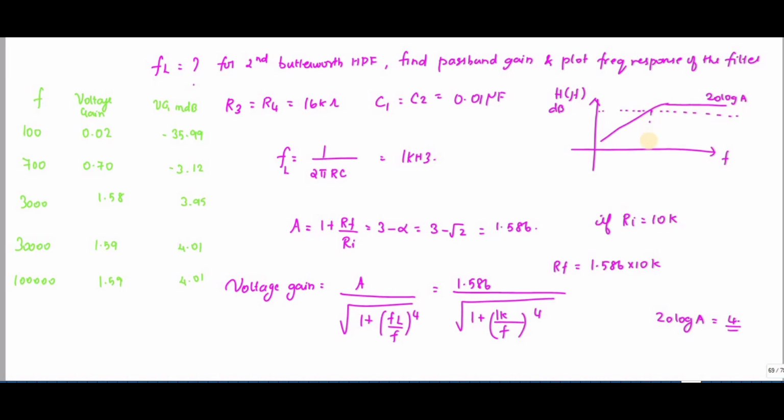At this point you can find the value of f_L. f_L is nothing but 1 divided by 2 pi RC. And here you can note that this is nothing but 40 dB per decade. So this f_L value is what we found out as 1 kilohertz.